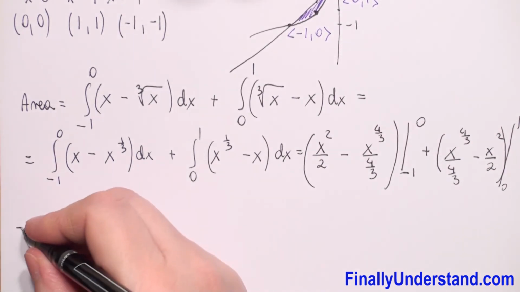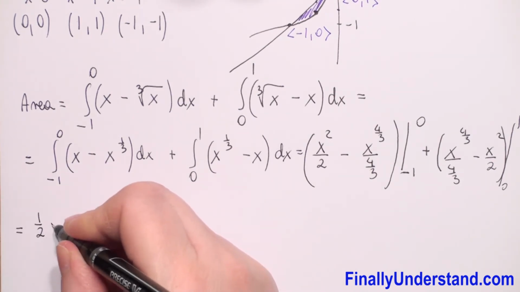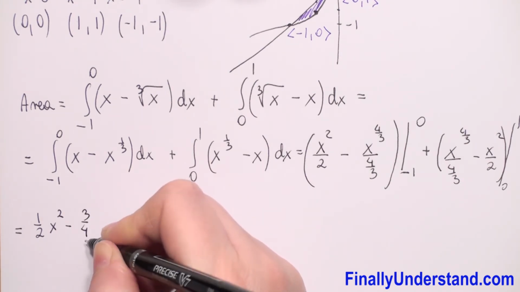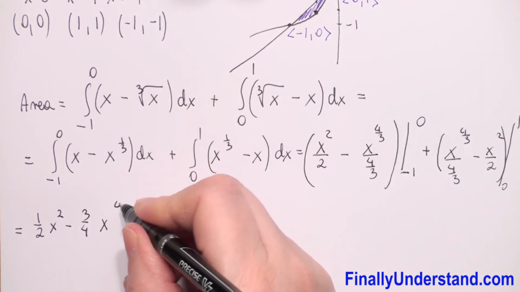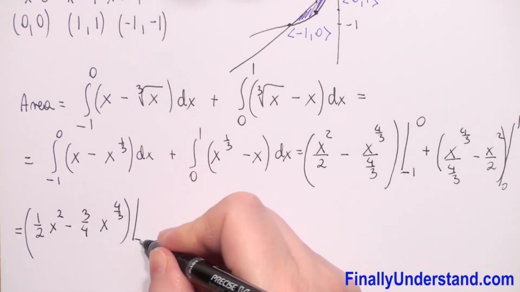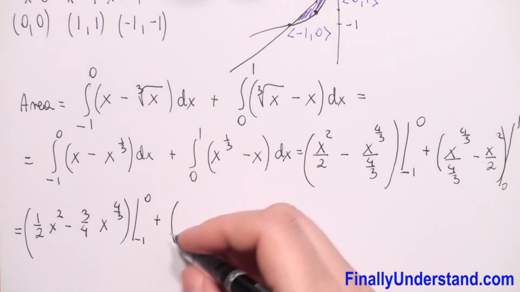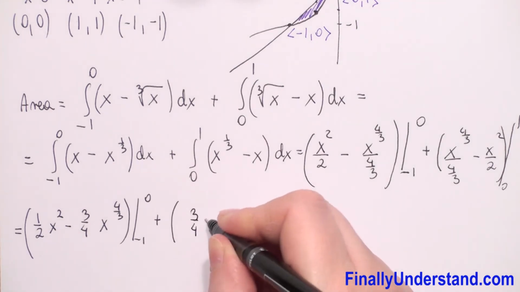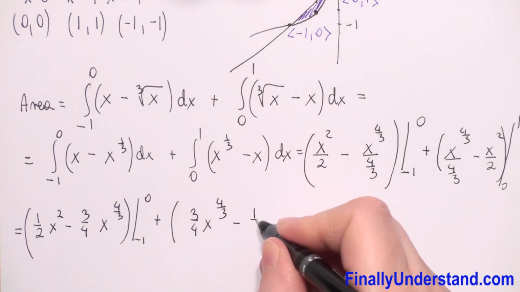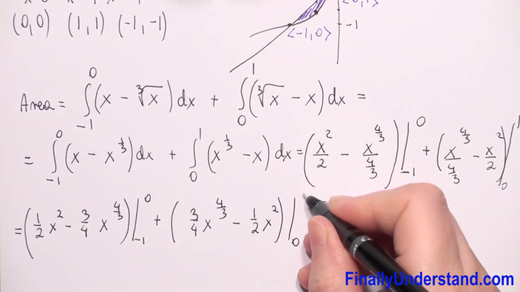We rewrite this as 1/2 x squared minus 3/4 x to the 4/3 power, limits from negative 1 to 0, plus 3/4 x to the 4/3 power minus 1/2 x squared, limits from 0 to 1.